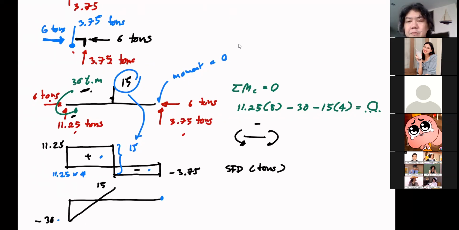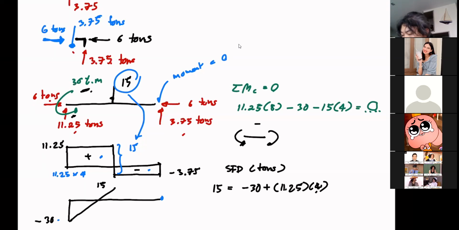Anybody struggle to know how I obtain this 15? 15 comes from minus 30 plus the area of the shear force diagram, which is 11.25 multiplied by 4. 4 is a half distance of member BC, right?